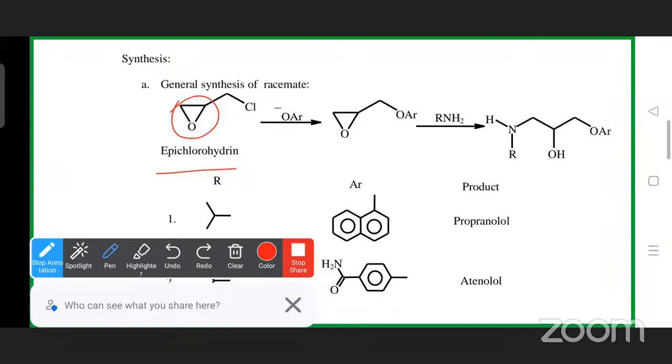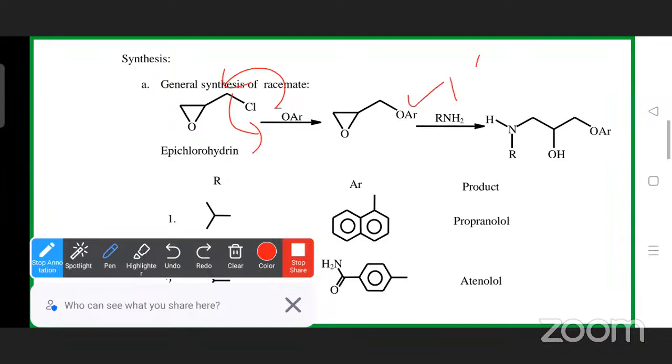So here the epichlorohydrin, when it is reacting with phenoxide ion, right? ArO minus, yeah, sorry, ArO minus means phenoxide ion here. So this will substitute on this, then it is going to attach on this. Then it further reacts with a base like a primary amine, right?